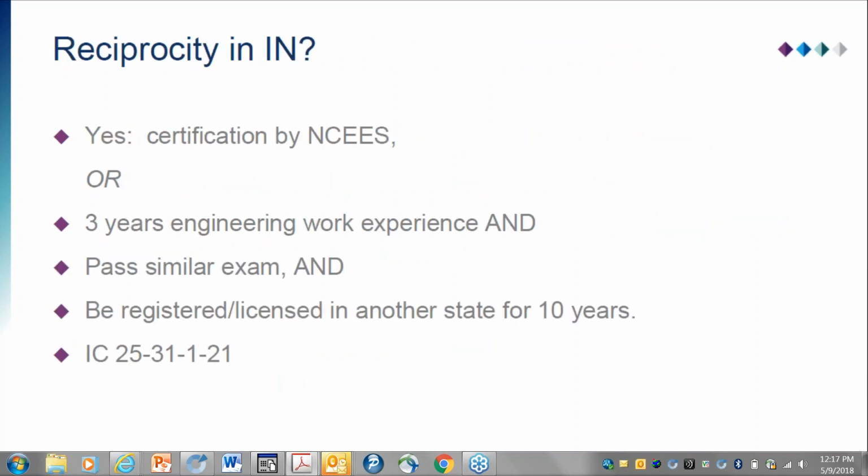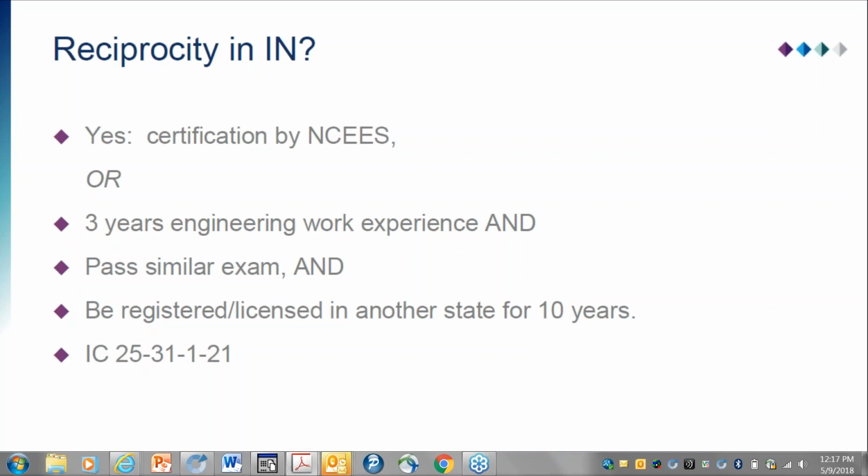And many of you probably already know the reciprocity rules because you're likely dual licensed in Indiana and Illinois. And so there are two ways that you can seek reciprocity in Indiana. You can be certified by NCEES, and the next one has several components, and they all need to be complied with: 3 years engineering work experience and passing a similar exam that's related to Indiana, and be registered/licensed in another state for 10 years.